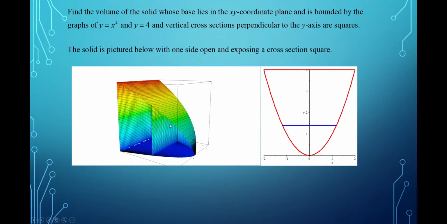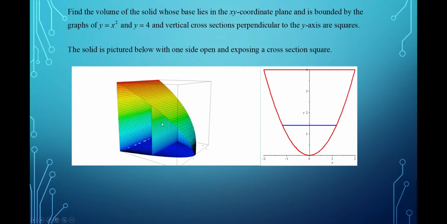Here's a picture of the solid with one side hollowed out, and looking in, a picture of a cross section. A square might not quite look like a square based on the perspective and the scaling in the x, y, and z direction, but it is.